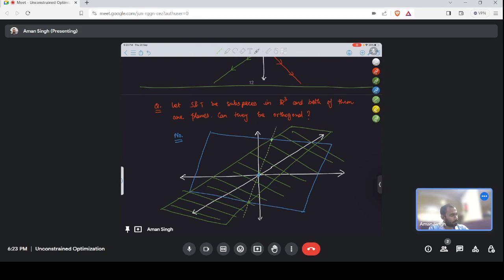Then the vectors on this line lie on both of these planes, but they're not perpendicular to each other.